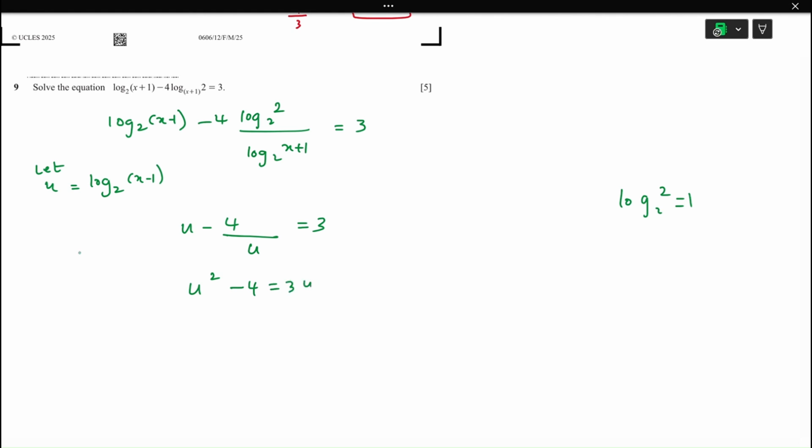Next bring everything to one side, u square minus 3u minus 4 equal to 0. Now it's like a quadratic, so the factors are minus 4 and 1, so I can write u plus 1 and u minus 4 equal to 0. So u equal to negative 1 and u equal to positive 4.